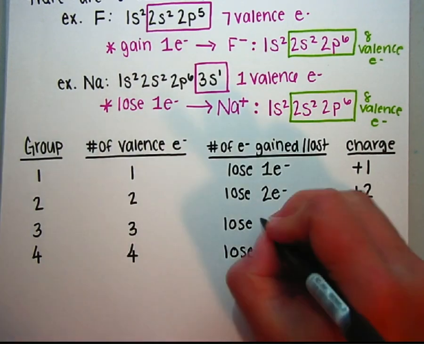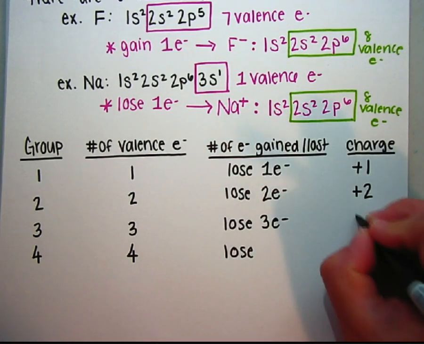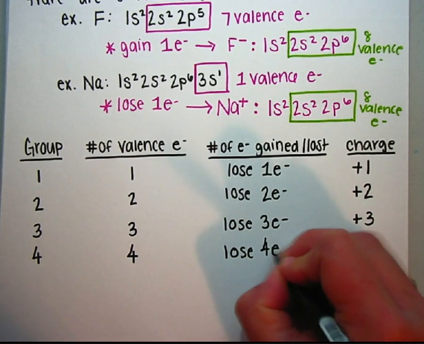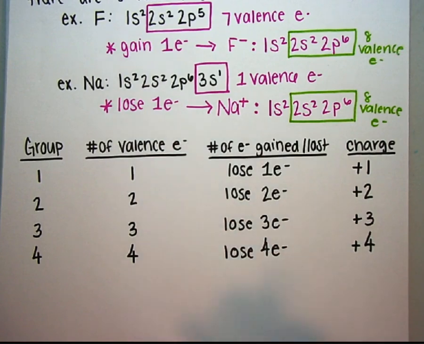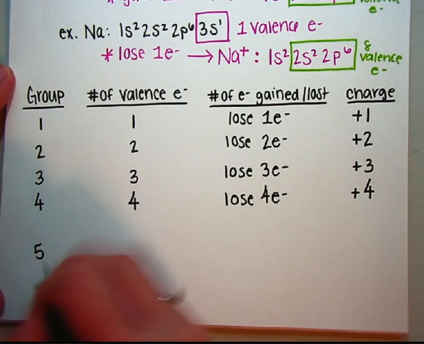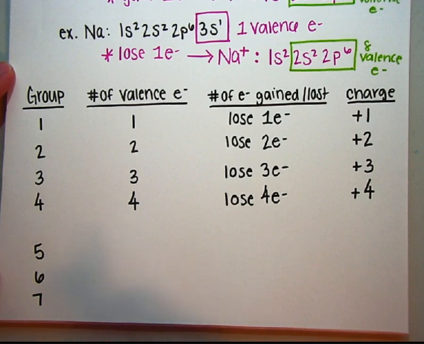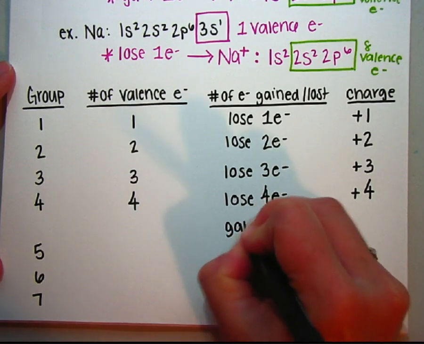Elements in group 3 have 3 valence electrons. They will lose 3 to form a charge of +3. Elements in group 4 will lose 4 valence electrons and have a charge of +4. We said elements in groups 4 through 7 will gain electrons.